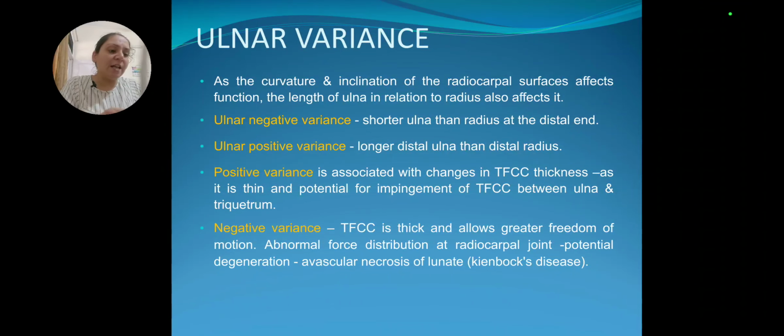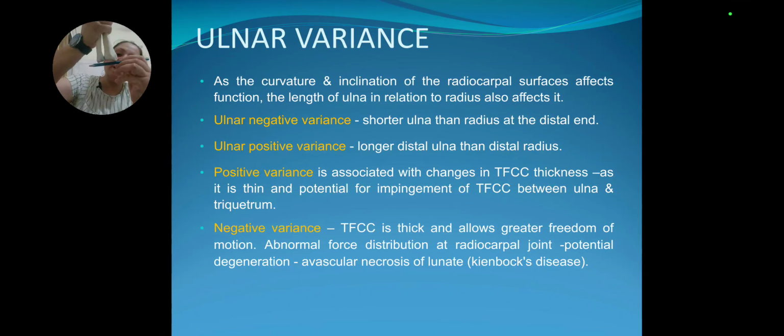Now when I am saying it is an incongruent joint, there is something very important over here, the ulnar variance. Now what does this mean? This means that when we see the length of ulna and radius, we have already seen that it is 12 mm when I am taking this joint together. Okay, you can see this now in a better shape.